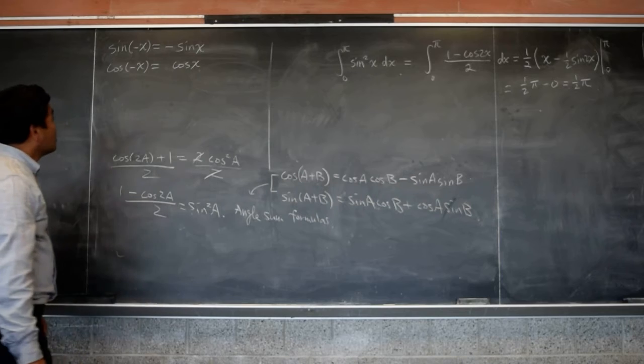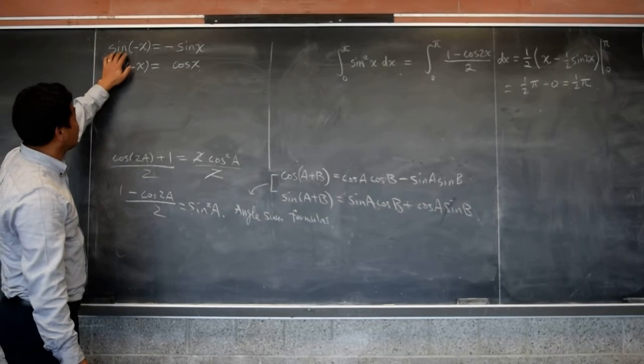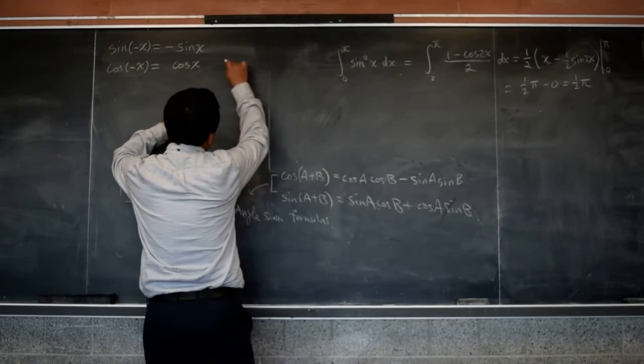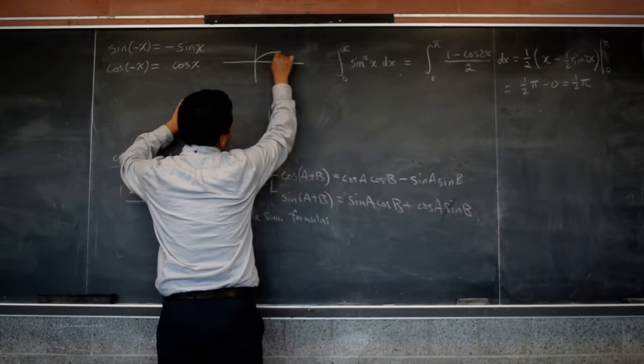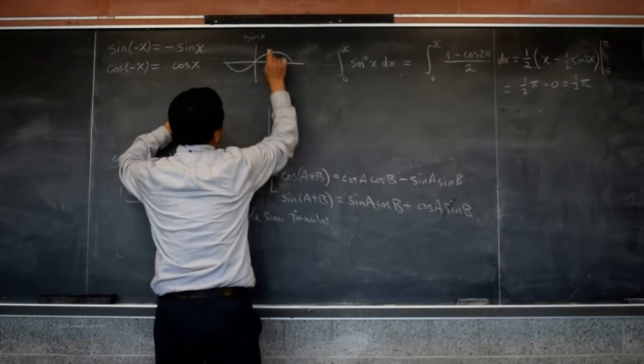Okay. All right. So what is this saying? See, the sine graph has the following property. If you draw the sine graph from negative pi to pi, that's the graph of sine of x.